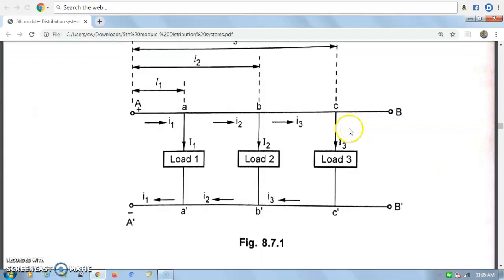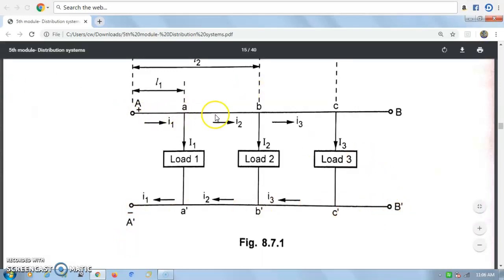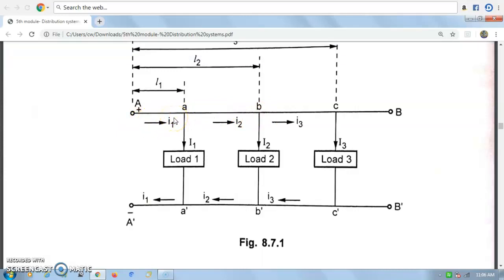Okay. Next, the wire A dash and B dash is the return wire of the distributor. See, this is the forward path. All these loads are connected and we are taking the voltage drop in the forward path only. The second line, A dash, B dash, is the return path of the distribution wire system.